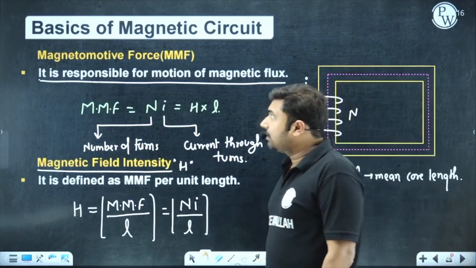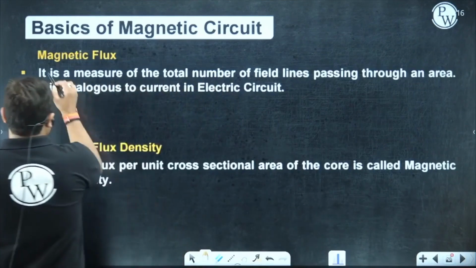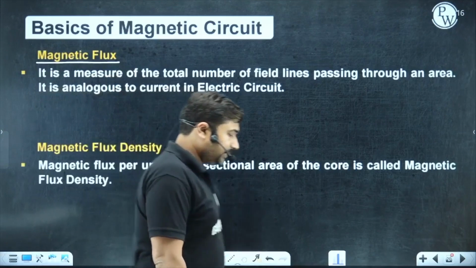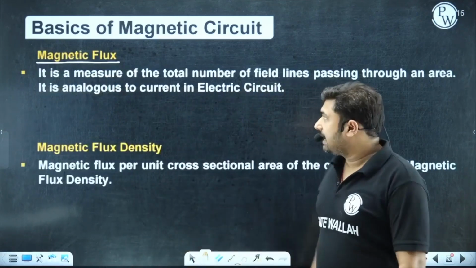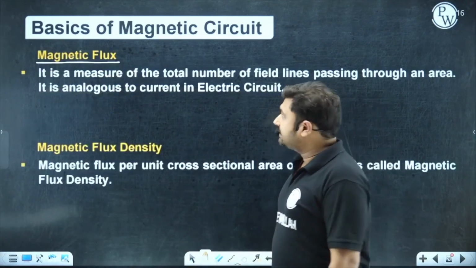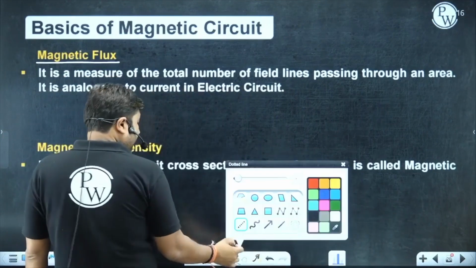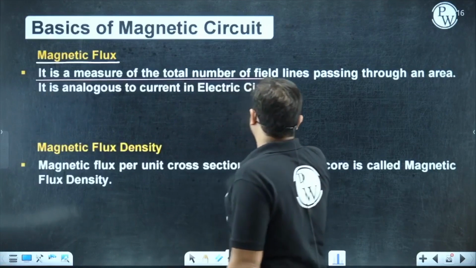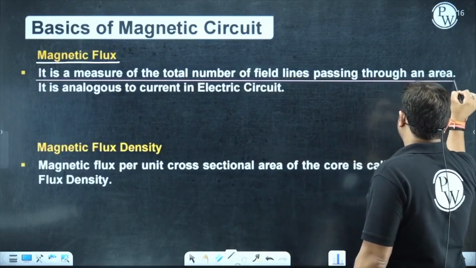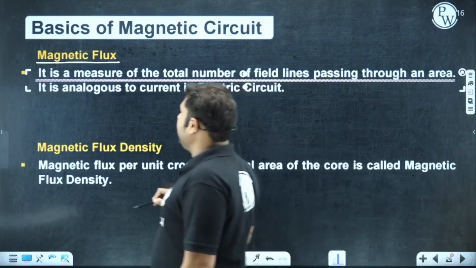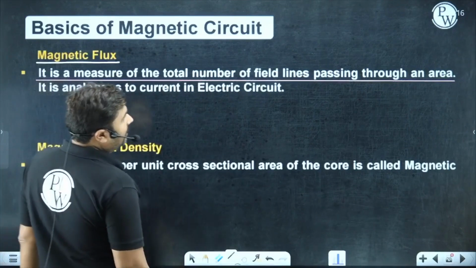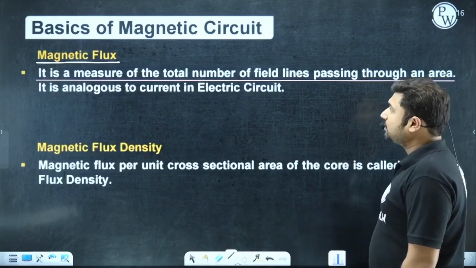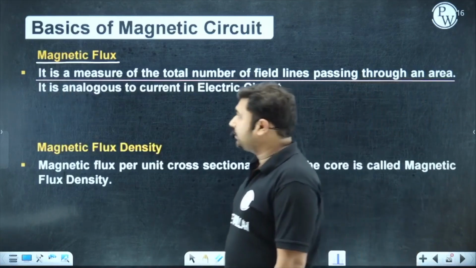Noted. Great. Now come to the next term, magnetic flux. Now what is magnetic flux, sir? It is the measure of the total number of field lines passing through an area perpendicular to it.